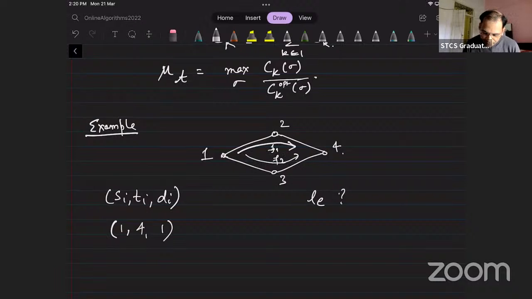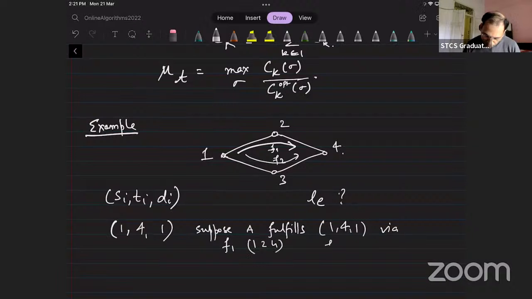Now, given that I have done this, what is my next input going to look like? Suppose A fulfills (1, 4, 1) via f1 through 1, 2, 4 and f2 through 1, 3, 4.